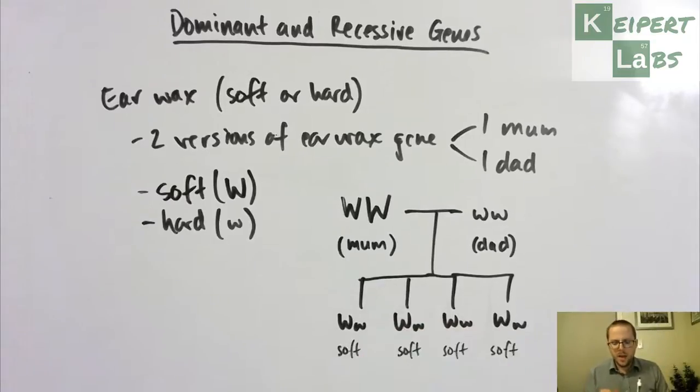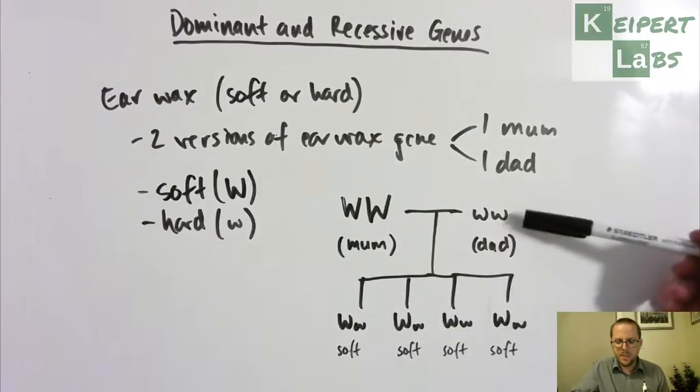So we see that even though you've still got one of the hard earwax genes, a lowercase w for everybody, nobody in this case will have hard earwax, unlike Dad, who does.